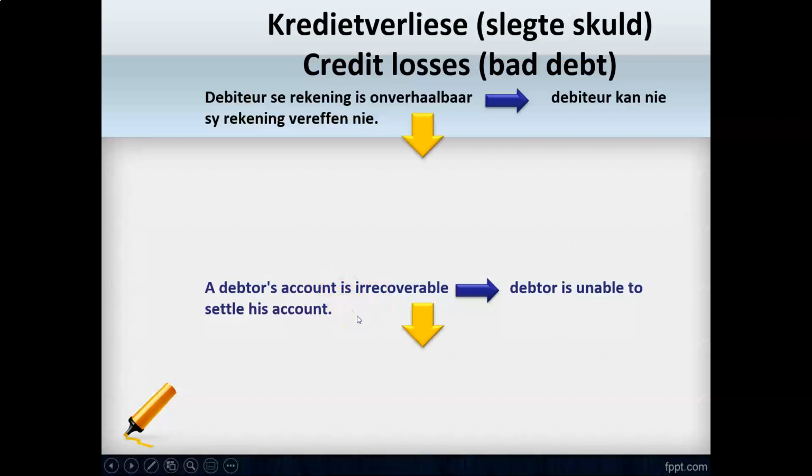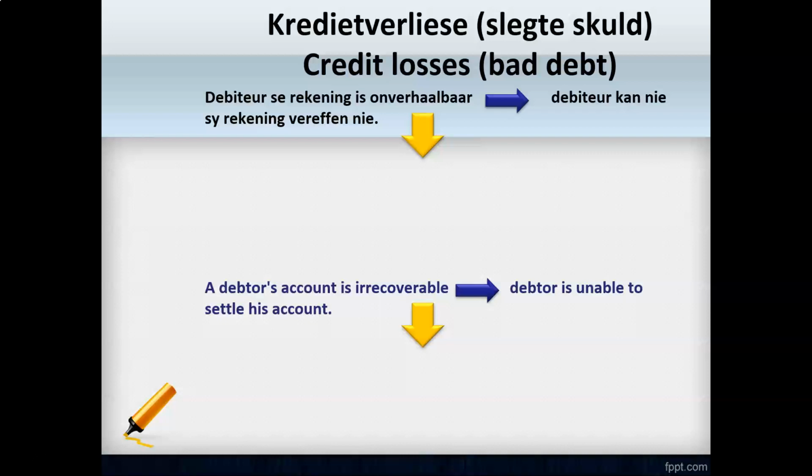Now, have I sold something to this guy? Yes, initially I debited the debtor's account, credit sales. Now it's a year further on. I've already recognized the sales revenue. IFRS says you are not going to fiddle around with your sales. You're going to leave your sales amount as is.